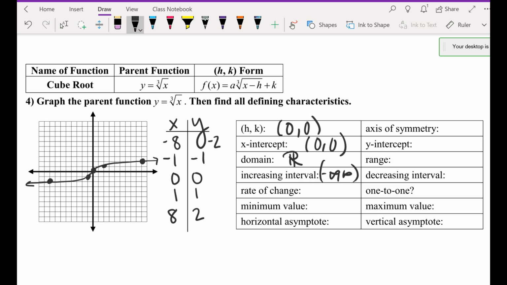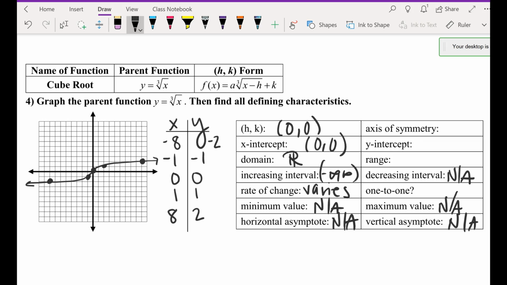On decreasing, can I just write NA right away? Yes. What's the rate of change? It varies. Do we have a minimum value? How about maximum value? No. Do we have asymptotes? No. Okay. Now we have 2 or 3 more on the right side to find.